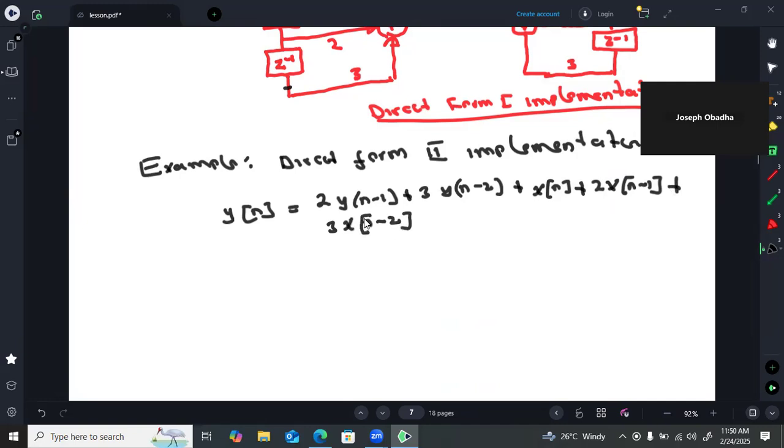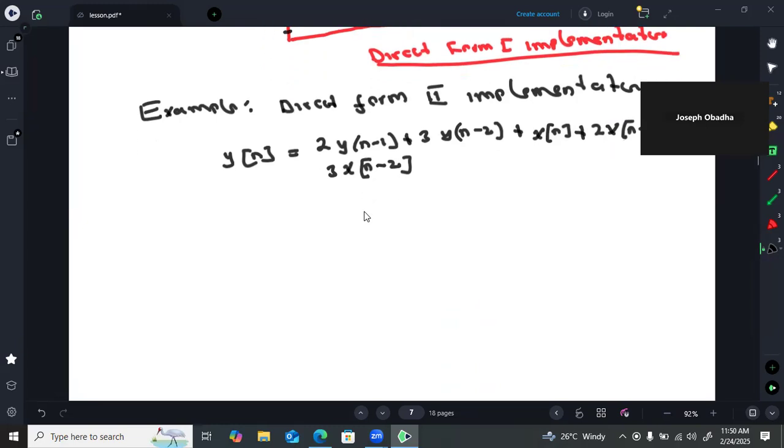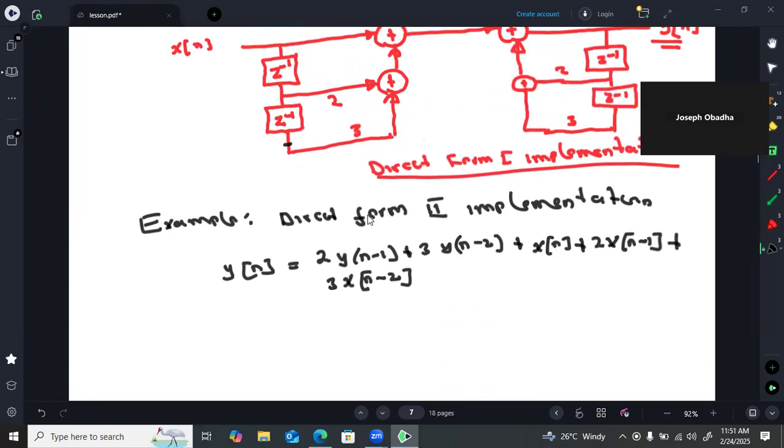So I will start by obtaining the z transform of this function.